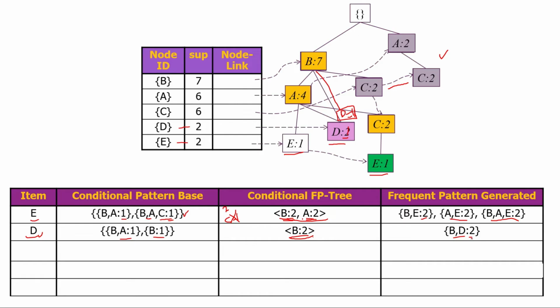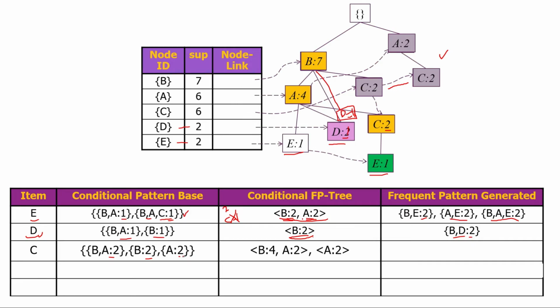Similarly we go for C, and we need to traverse the paths of C from the root node. One time we get B and A to C with the support of 2, then only B to C with the support of 2, and then A to C with the support of 2.